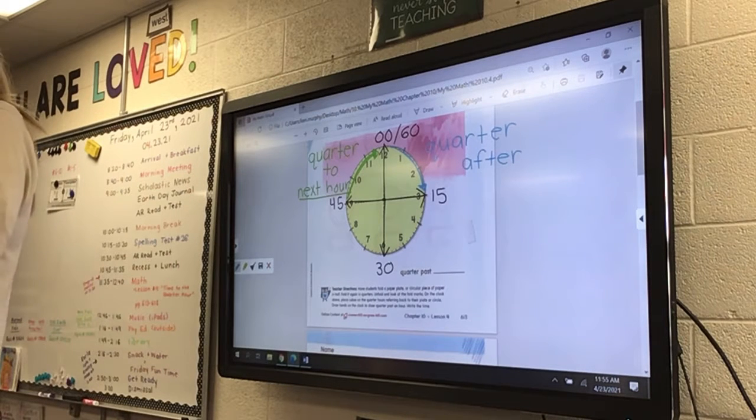Kinsley, your hour hand is wrong. Your minute hand is right. Addie, fix your hour hand. Well, I guess that's okay. When I glanced at it, it looked like it was more towards the 4, but you're fine. Okay, quarter after 3. So your minute hand should be at the 3, Kinsley.